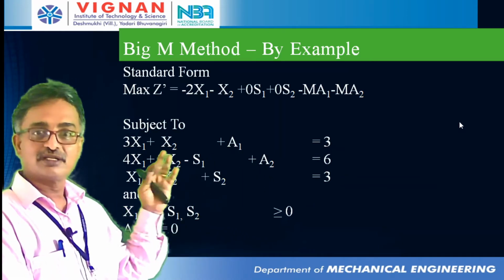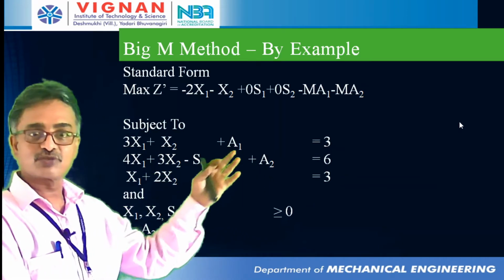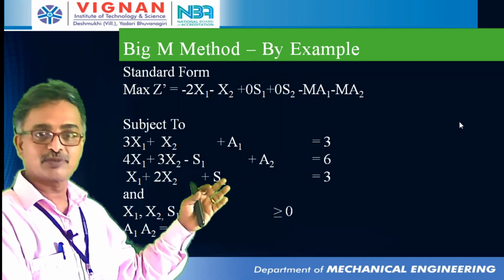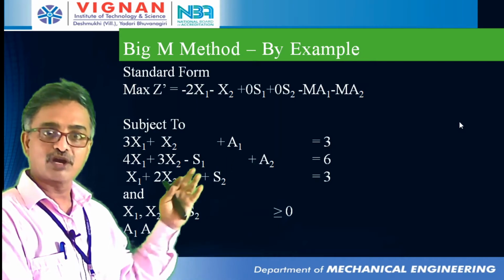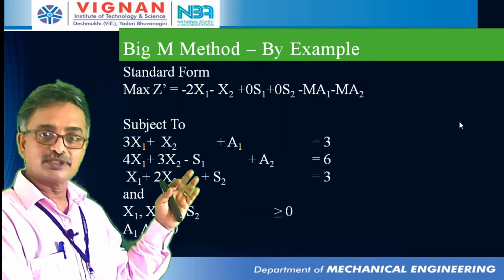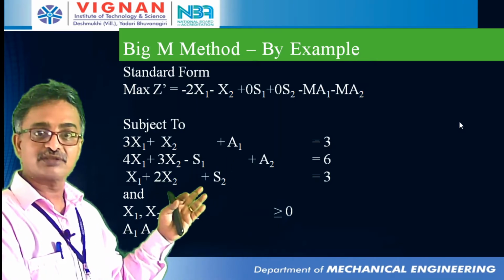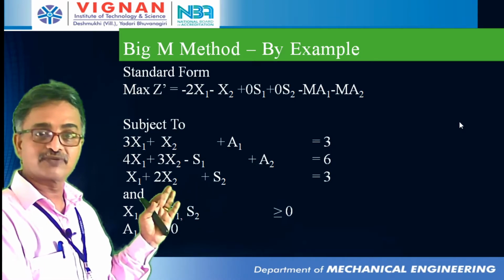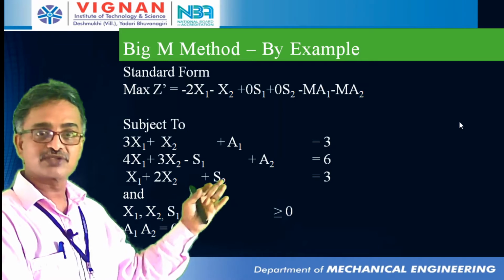With that, the first constraint becomes 3x1 plus x2 plus a1. The second constraint becomes 4x1 plus 3x2 minus surplus variable s1 plus a2, to accommodate the negativeness in the formulation. The third equation, which is a lesser than or equal to constraint, is x1 plus 2x2 plus s2 equal to 3.